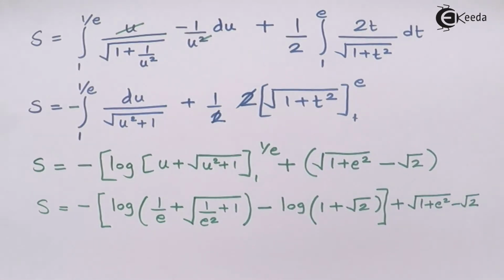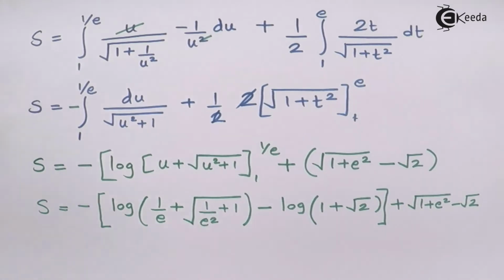Now guys, here we can see that I can apply the formula log a minus log b, which is log a upon b. So we'll apply that formula, and before doing that we'll simplify these terms also. So here if I simplify this, I'll get 1 plus e square upon e square, and the root of e square is e, so my denominator is common, which is e.